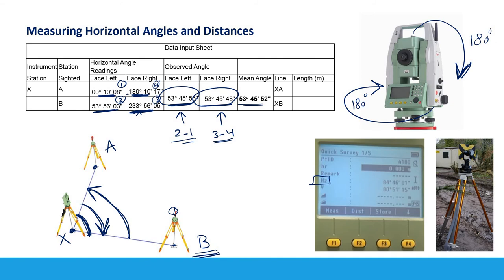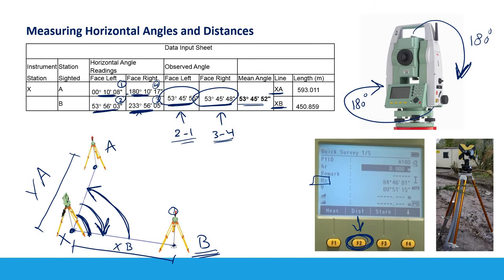And don't forget, at some point when you are sighting A and B, to collect the distances between X and A and X and B, this distance here XA and this distance here XB, by using the distance function on your total station. In this case I measured that to be 593.011 meters between X and A and 450 between X and B. These are the distances.